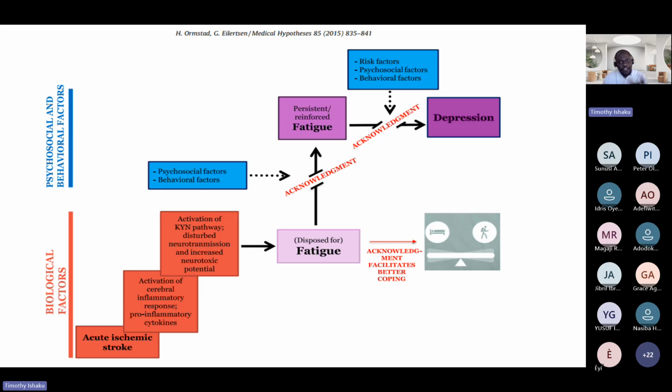Now, the psychological stressors. Example, the social isolation. And I think in our context also it happens despite our rich support system.